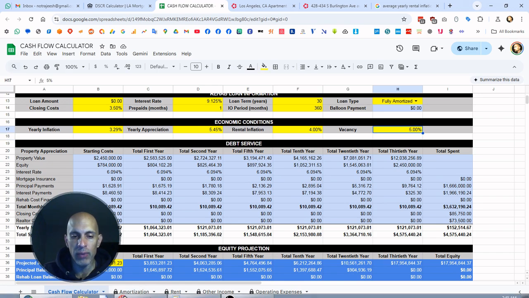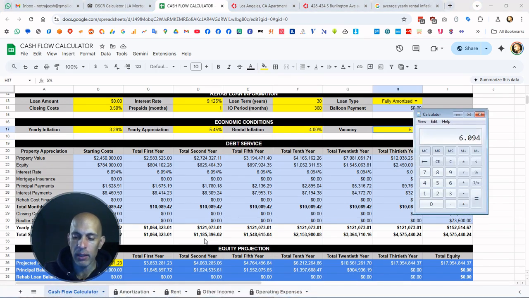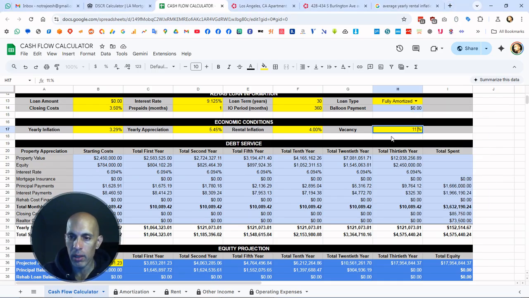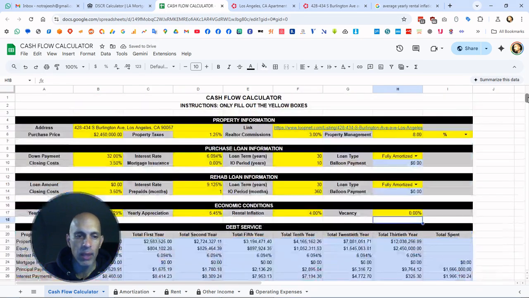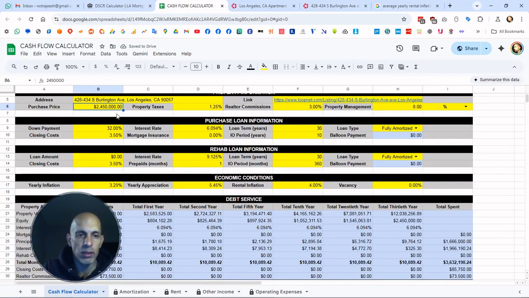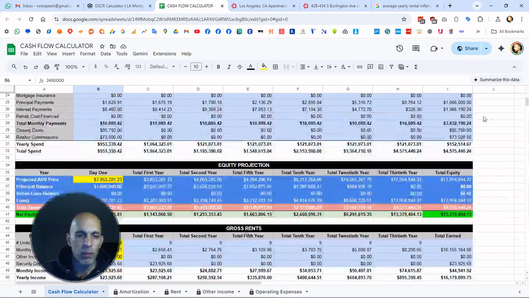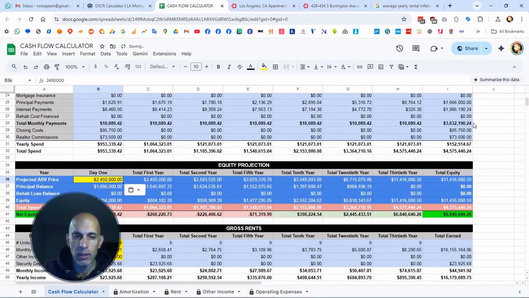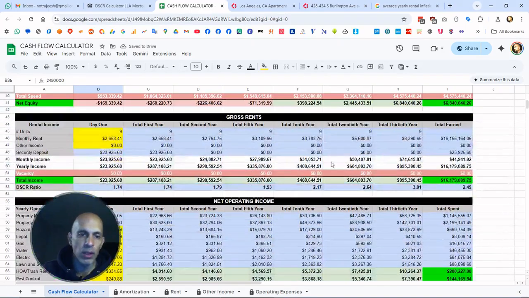They had 2 vacant units, 88.88%. So 100 minus 88.88%, we're looking at 11.12 vacancy. I'm going to leave this 0 for now, but I'm going to come back and fill that in so that we can model a proper prediction for future cash flow.